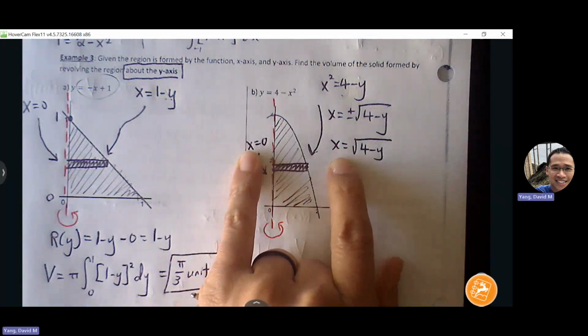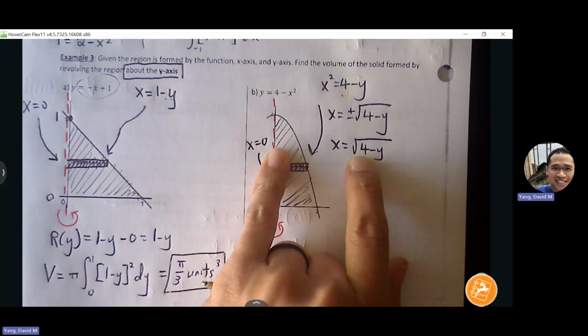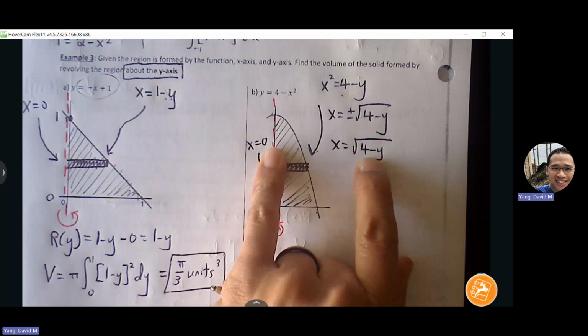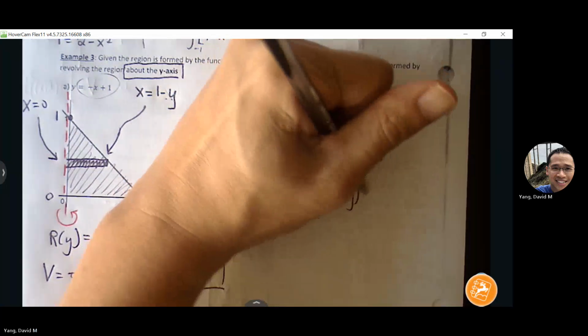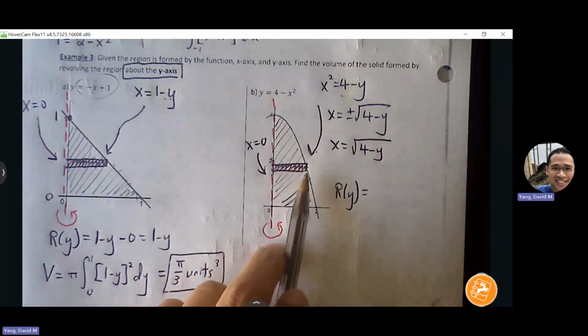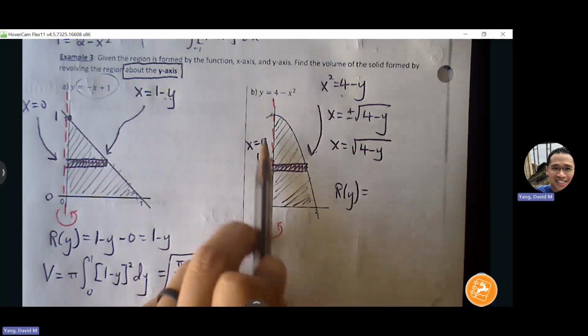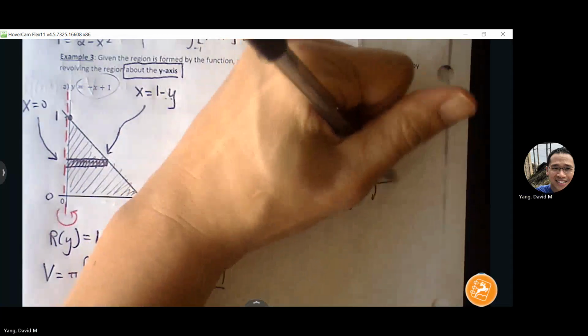Just having these equations there gives me assurance that whatever's on the right is ready for my formula. Okay, my radius is right minus left. The right endpoint of my radius is sitting on the curve. The left endpoint is sitting on the y-axis.